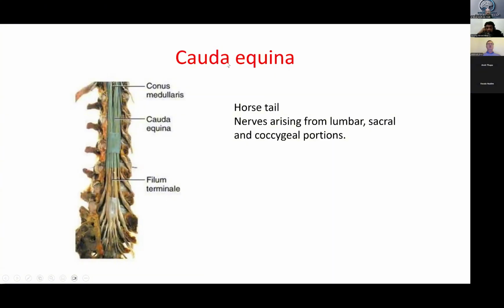And the cauda equina is an anatomical description where all the nerve roots are collected here, and it looks like a horse's tail. Nerves arising from lumbar, sacral and coccygeal portions make the cauda equina.